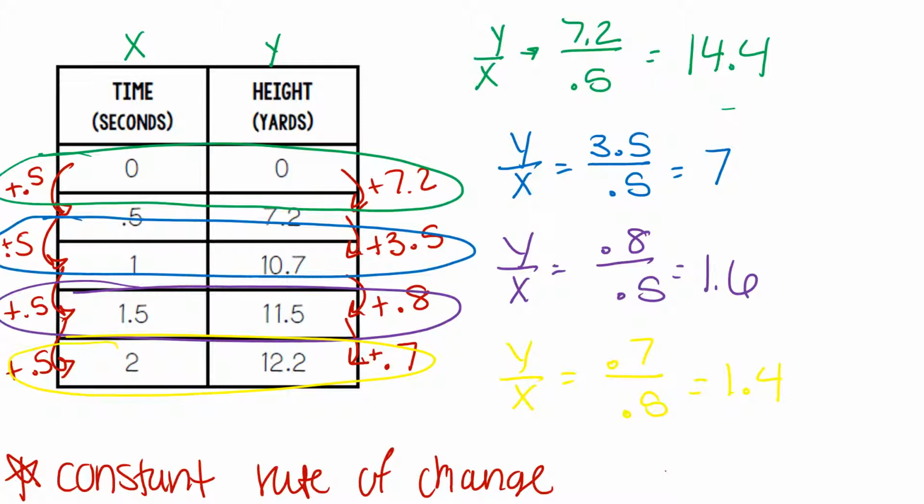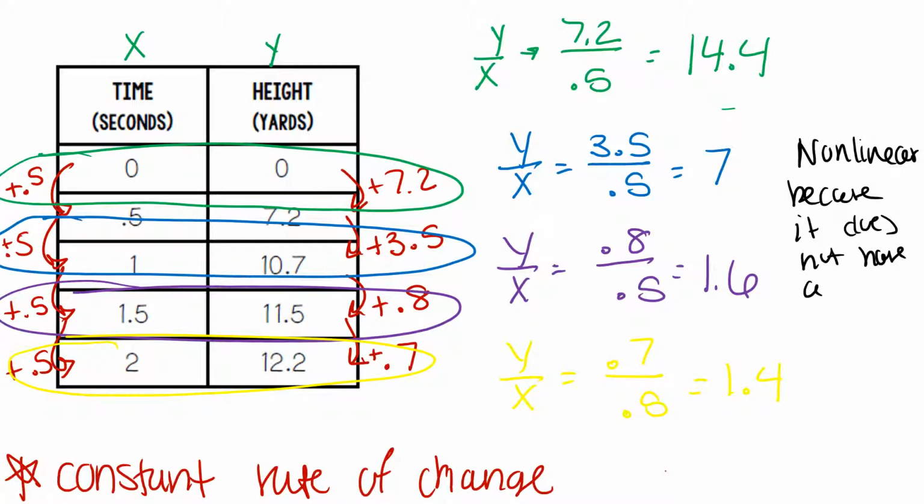All of these numbers are different, 14.4, 7, 1.6, and 1.4. So this problem is non-linear because it does not have a constant rate of change.